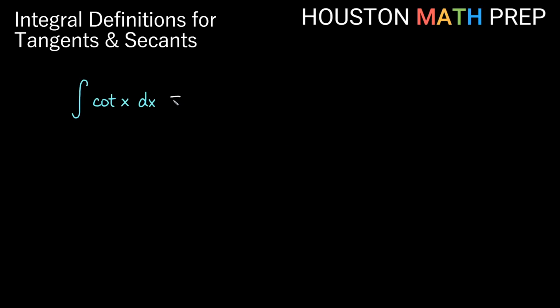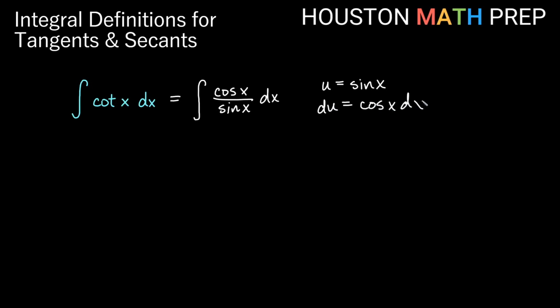We do a similar thing with the cotangent function, so we think of cotangent as cosine of x over sine of x. And so we would do the integral of that dx. In this case, u is equal to sine of x, and our du actually is exactly what we have on the top, cosine of x dx.